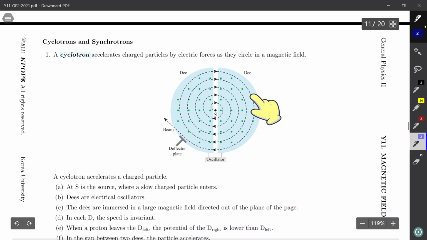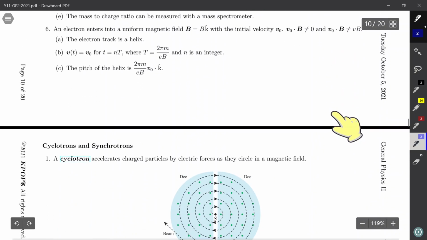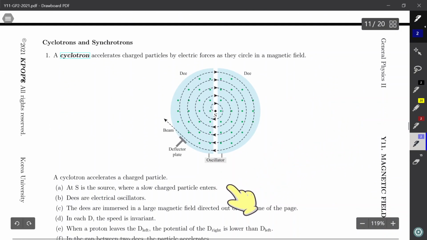Cyclotrons and synchrotrons are accelerators, making use of the fact that a charged particle moving with velocity perpendicular to the magnetic field makes a circular motion.